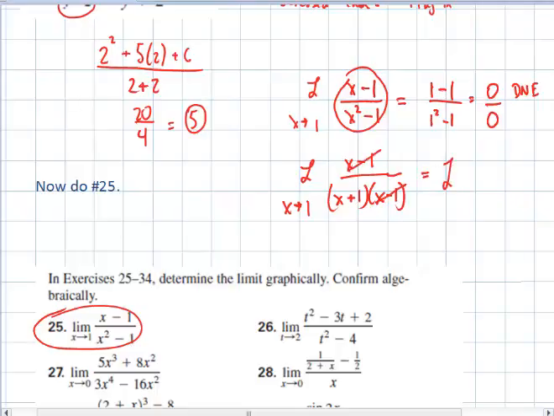I'm going to now just rewrite the limit as x approaches 1, and on the top I have just the 1 left over from the cancellation. I have x plus 1. Now notice I rewrote the limit, saying as x goes to 1, but in the next step I can evaluate the limit and not write the limit symbol anymore. So I have 1 over 2, saying that my limit heads to 1/2.